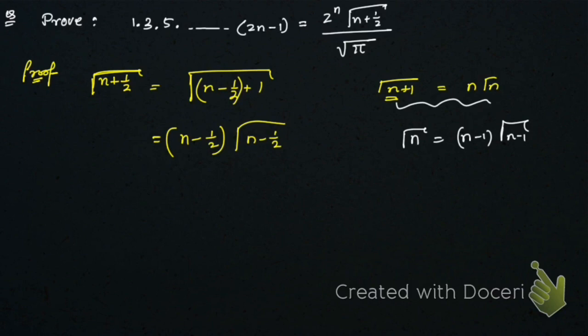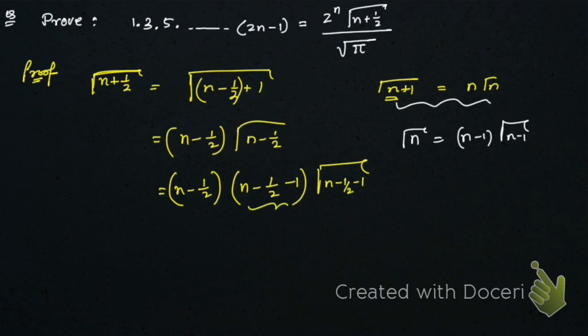So if you apply these things here, 1 by 2, n minus 1 by 2, this can be written as n minus 1 by 2 minus 1, then again gamma of n minus 1 by 2 minus 1, right? So this is going to be n minus 3 by 2, and this is going to be also n minus 3 by 2, right?